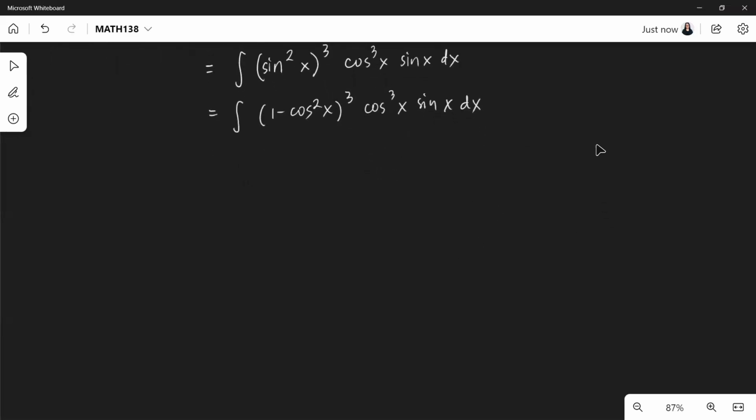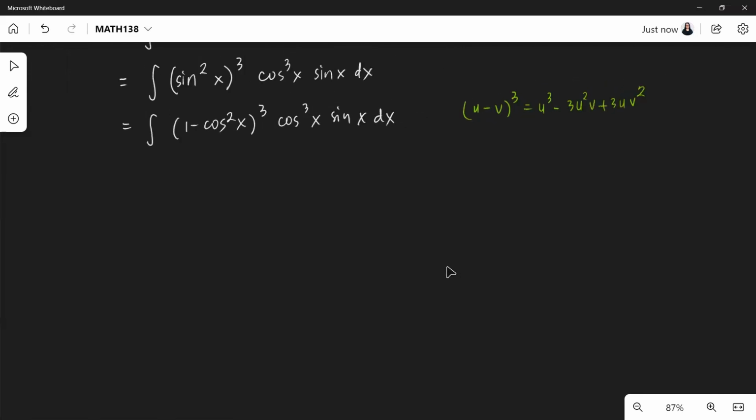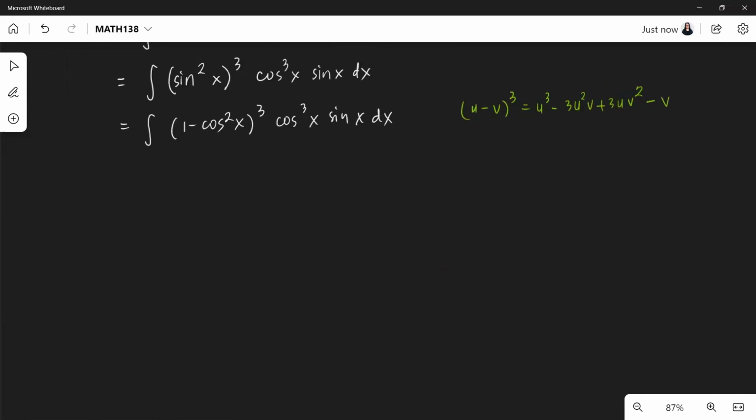So we need to expand this. Cube of a binomial: recall that (a minus b) raised to the power of 3 is the cube of the first term, minus 3 times the square of the first term times the second term, plus 3 times the first term times the square of the second term, and the last term is minus the cube of the second term.